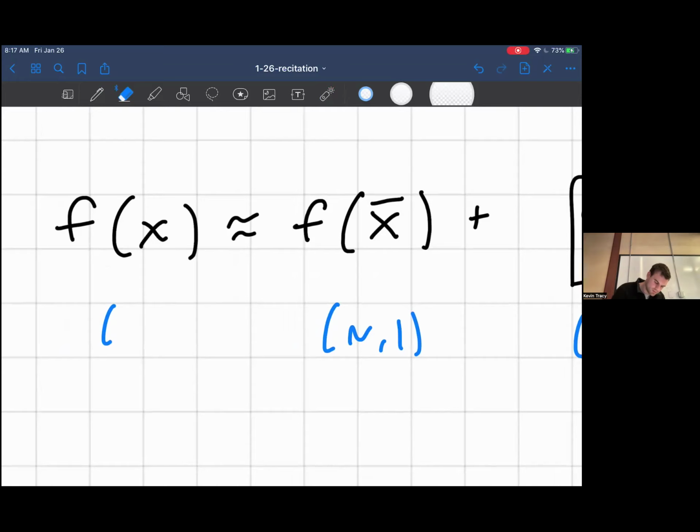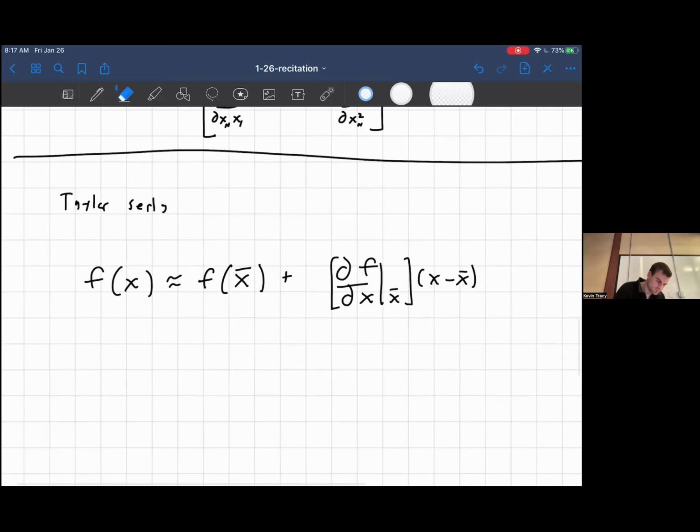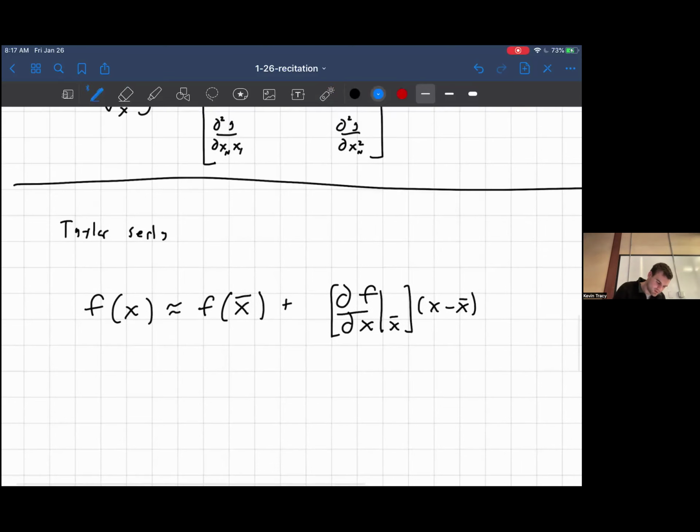So let's go back to our first example. That'll make this more clear. Our first example is y equals f of x. The input is Rn. The output is Rm.